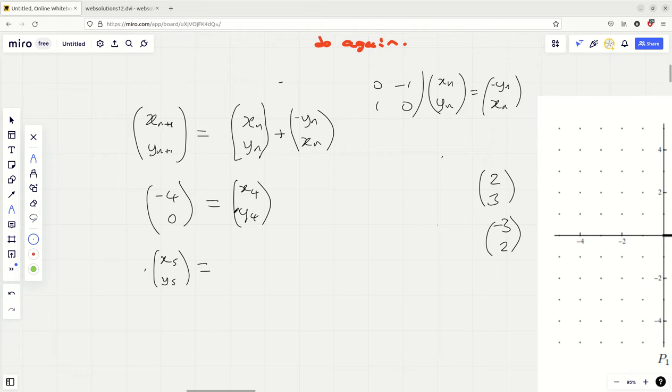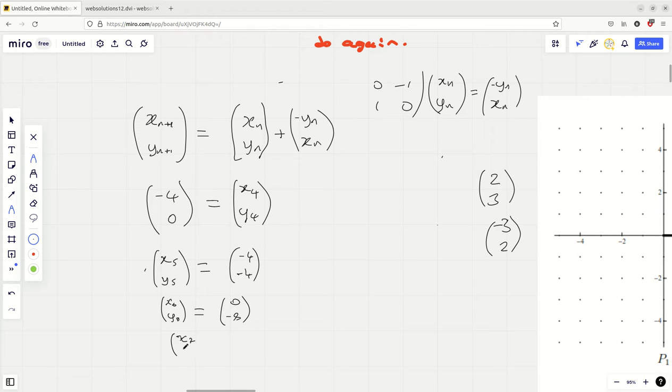So take them away, you're going to get -4. Add them together, you're going to get -4. So that's x5, y5. For x6, y6, take them away, you're going to get 0. Add them together, you're going to get -8.